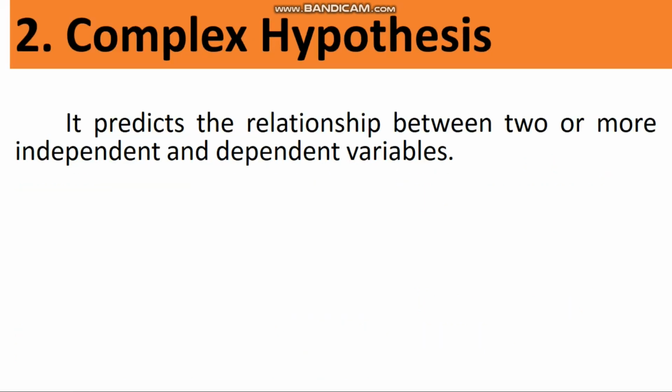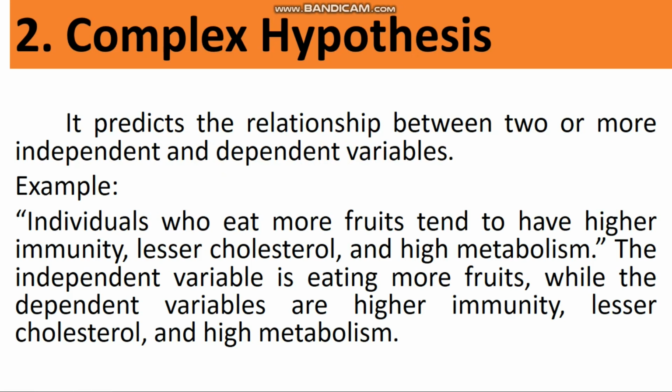Next one is complex hypothesis. In simple hypothesis, we have taken only two variables, but here we have to take more than two variables. It predicts the relationship between two or more independent and dependent variables. For example, individuals who eat more fruits for increasing immunity, reducing cholesterol level and high metabolism.